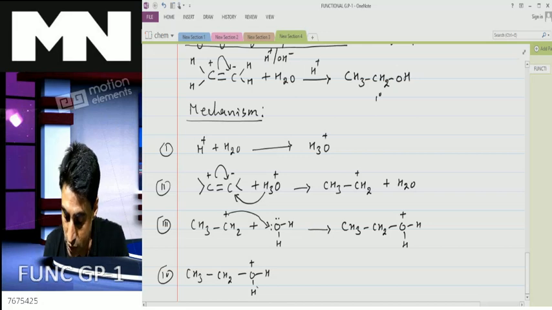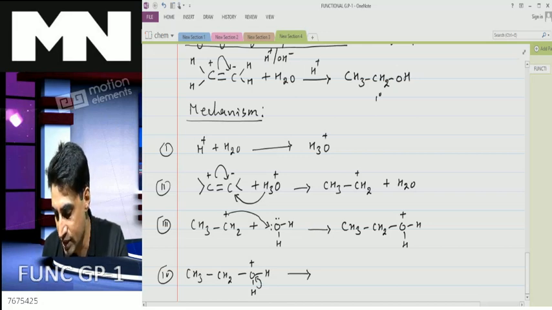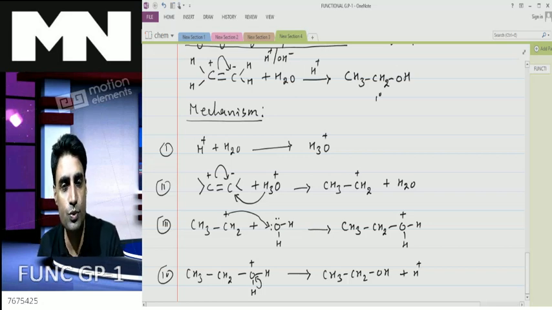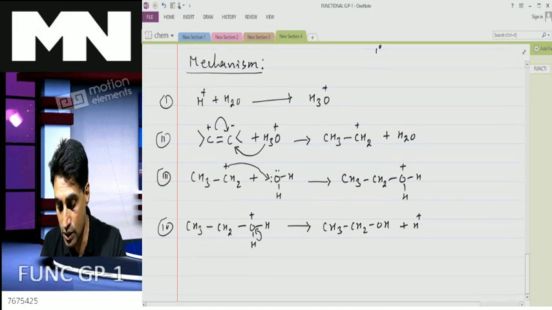So you will get a compound that is CH3CH2OH plus H positive ion. Now H positive ion is what? Acid is what? It's a catalyst. It was used in the first step and it was regenerated in the last step. So this is the mechanism of hydrolysis of an alkene to form alcohol.